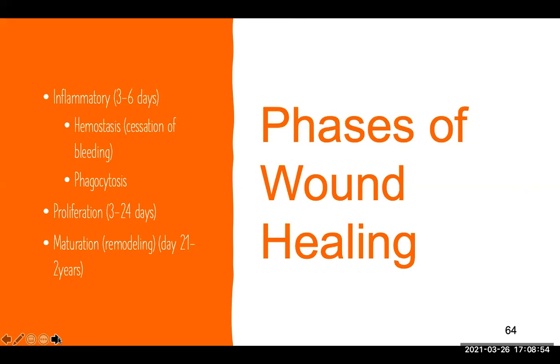So new blood vessels will form. Granulation tissue is built up. The wound begins to contract or become smaller. The edges are starting to close together, and resurfacing is taking place at the end, where you're starting to see more normal looking cells. So epithelialization is the term we call that.